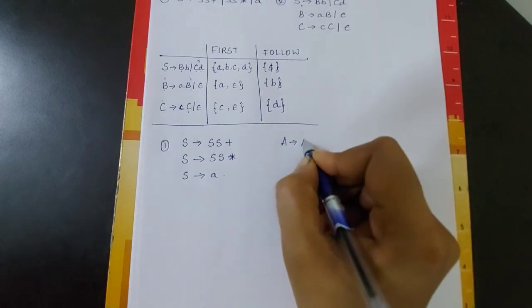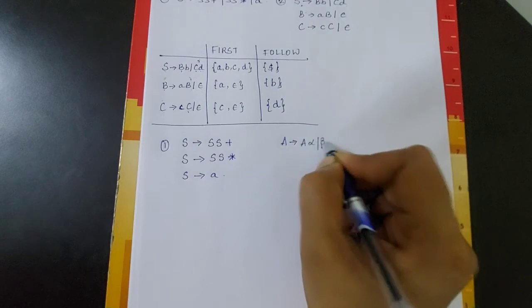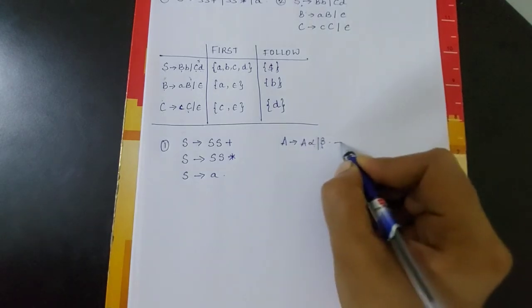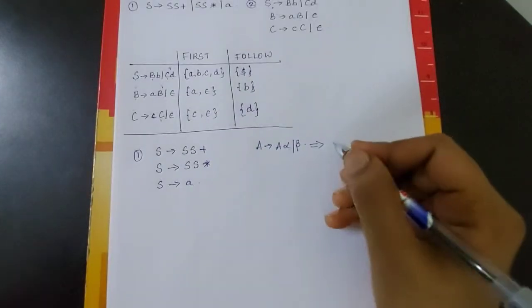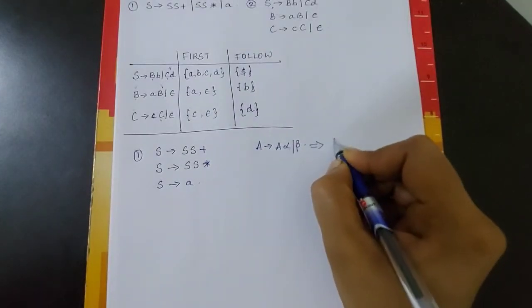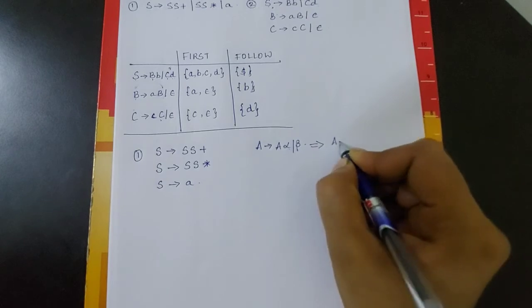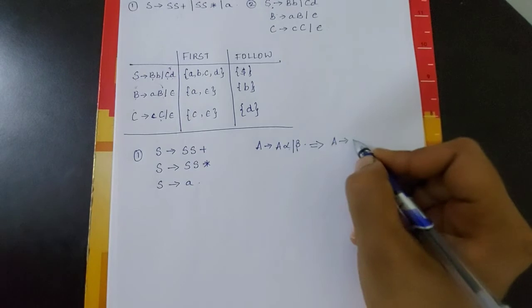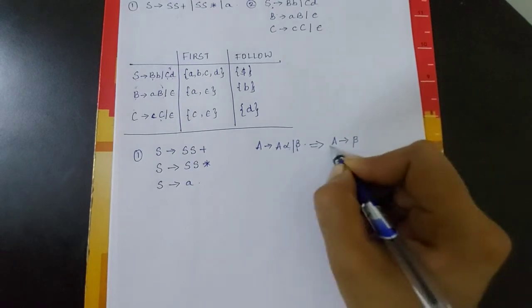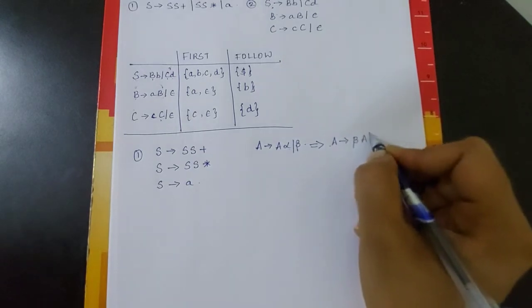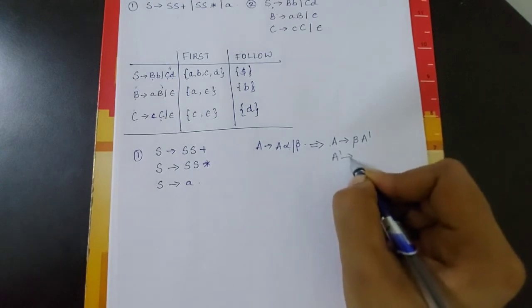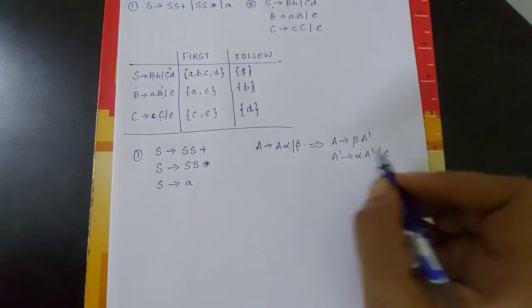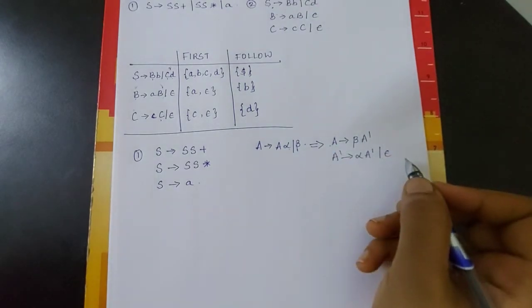If a production is in this way, A derives A alpha or beta, then we need to interchange this production in such a way that left recursion is eliminated. So we will substitute it with these two productions, that is A derives beta A dash, and A dash in turn derives alpha A dash or epsilon. So this is the method to eliminate left recursion.